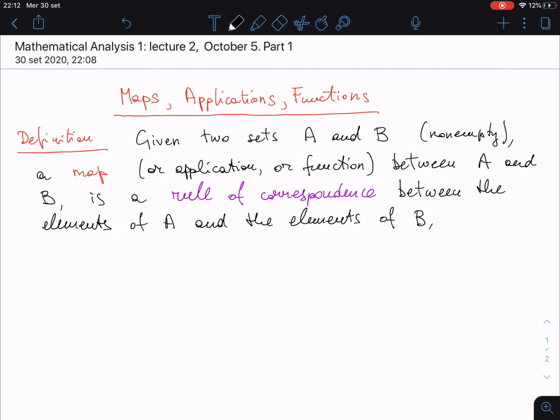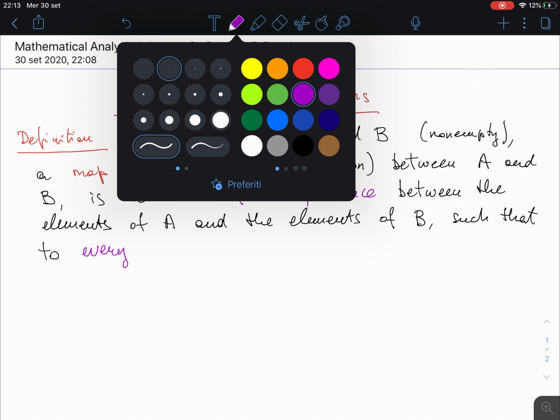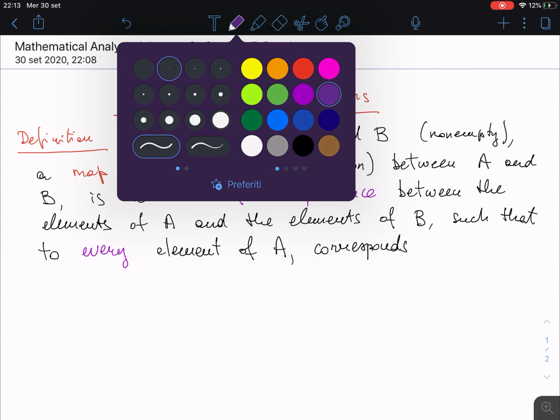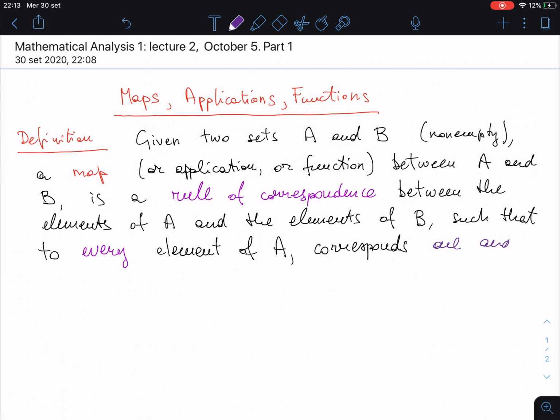Because this correspondence must be such that to every element of the set A corresponds one and only one element of B. Okay, this is the definition.